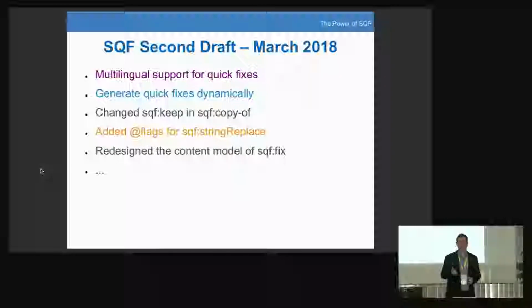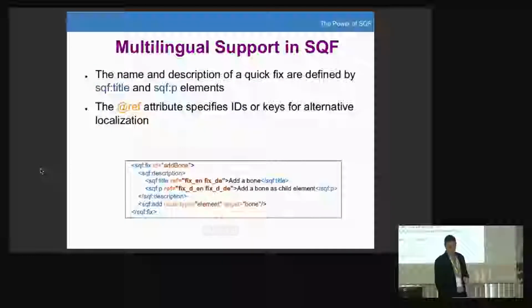We added some regular expression flags for the string replace operation. And we also redesigned the model of the SQF that will allow you to call multiple actions from a single SQF fix and somehow reuse a set of actions. I will tell you a few things about some of the features.